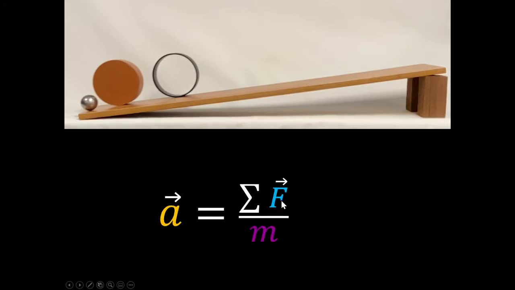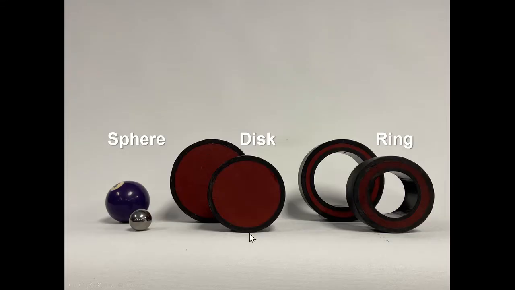They would drop at the same rate because the weight of them divided by how much inertia it has was the same for all three objects. But there's something different about the ratio of the two things that produces a different acceleration down this ramp. And that's what we want to talk about now.